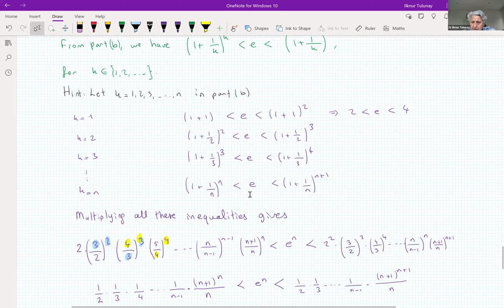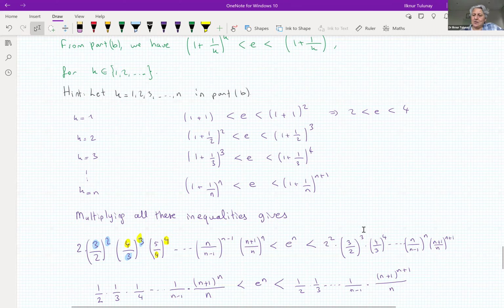Since I multiply everything in the middle, I get e to the n because I have n items. And from here, I have 2 squared, here I have 3 over 2 cubed, here I have 4 over 3 to the 4. This time the pattern is that the numerator goes to the power.